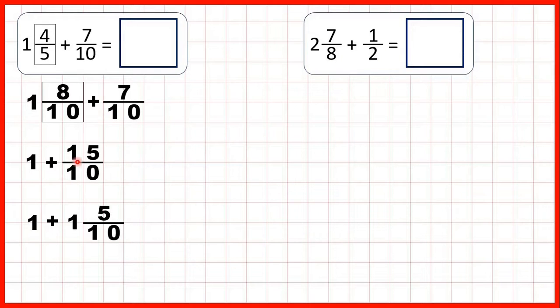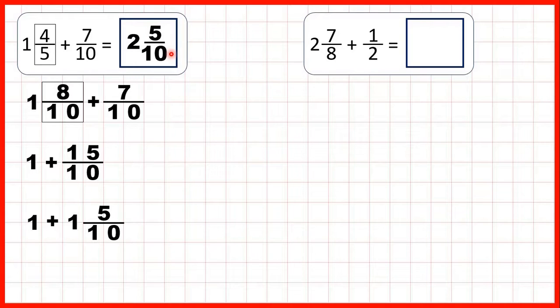Now 15/10 is the same as 1 and 5/10, because 15 divided by 10 is 1 remainder 5, and because 1 times 10 is 10, then we need 5 more to get to 15. So we have 1 as the whole number in our question, and we've got 1 and 5/10 from adding the fractions.